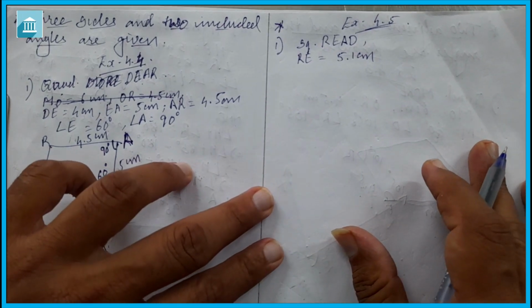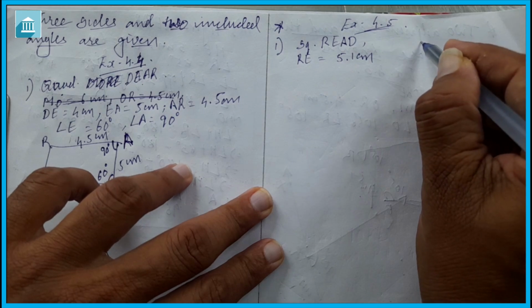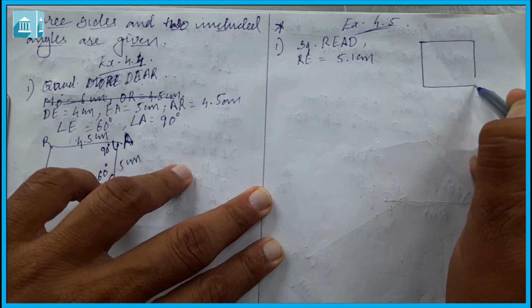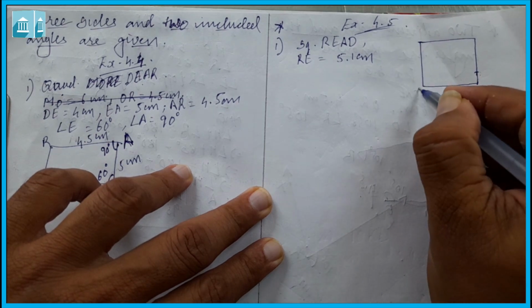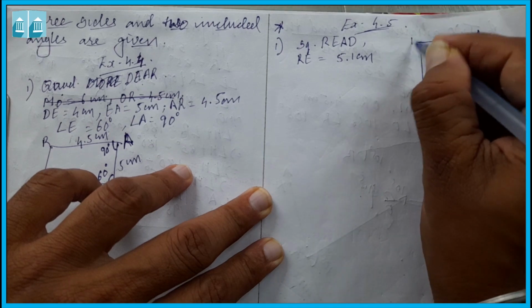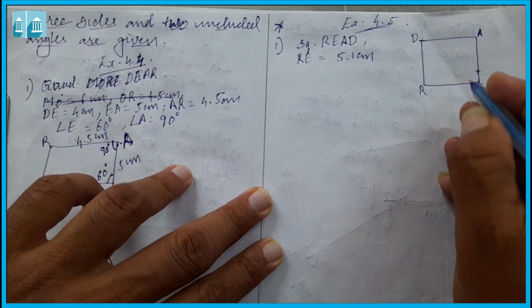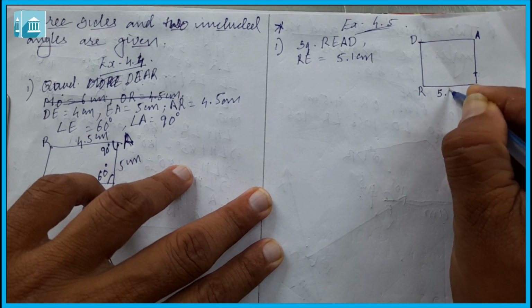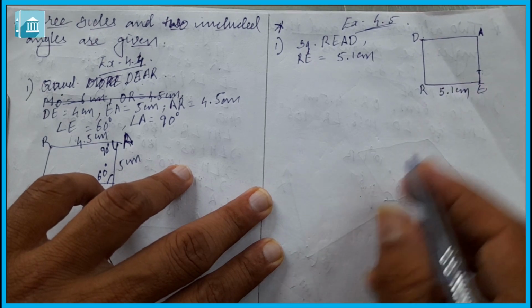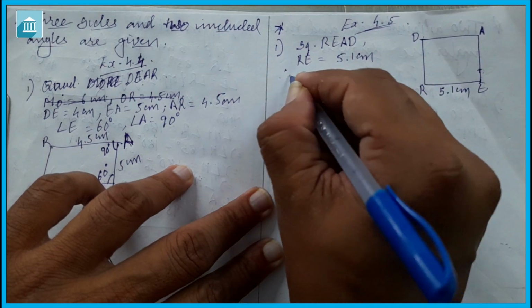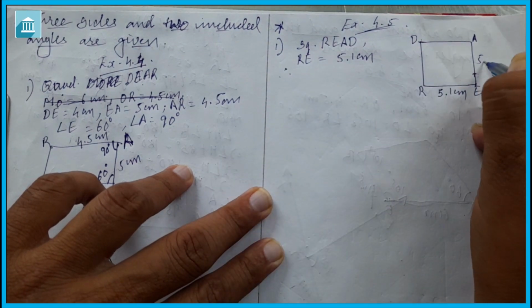Now let us first draw the rough figure of the square. Suppose it is READ, where RE is given 5.1 centimeter. If RE is 5.1 centimeter, then EA is also 5.1 centimeter.